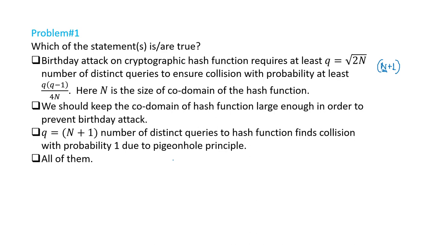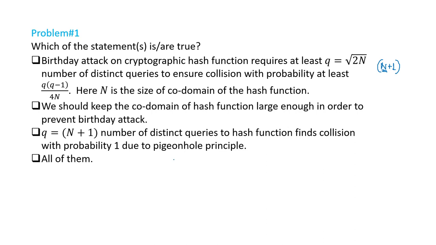This is true actually, right? As I was already mentioning, if you are allowed to query at least n plus 1 distinct inputs, then by the pigeonhole principle you will certainly find a colliding pair, right?